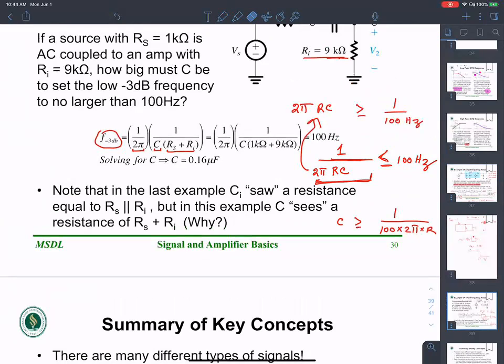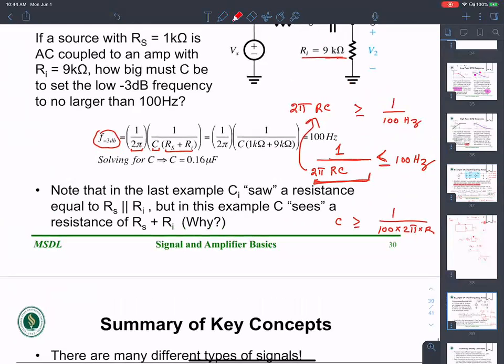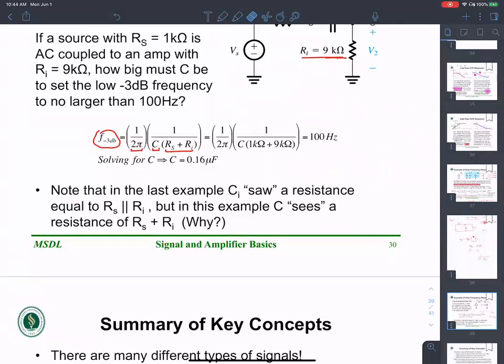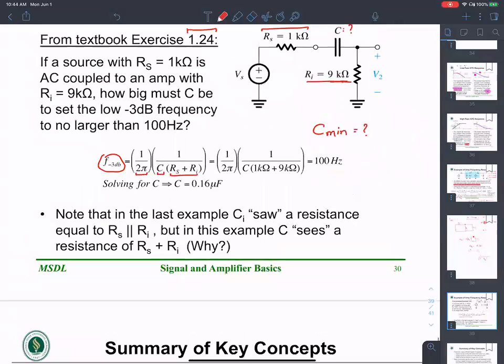So massaging the equation, you'll get a minimum value for C. That's what I want you to see. The solution expresses the C minimum, which is exactly what we are asked to find out. How big must C be? C minimum.